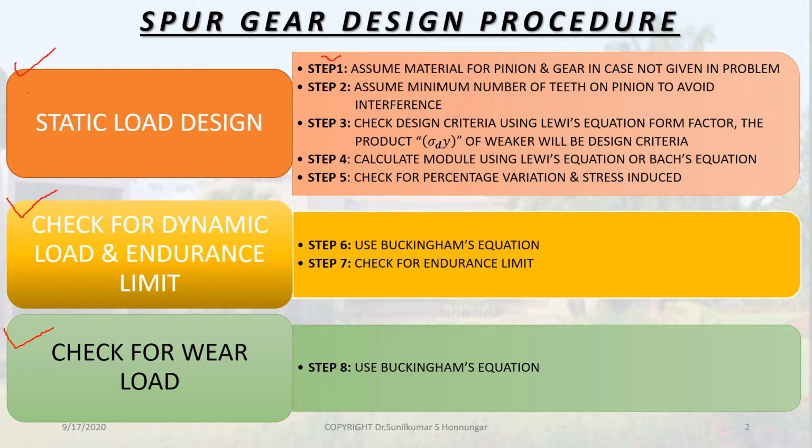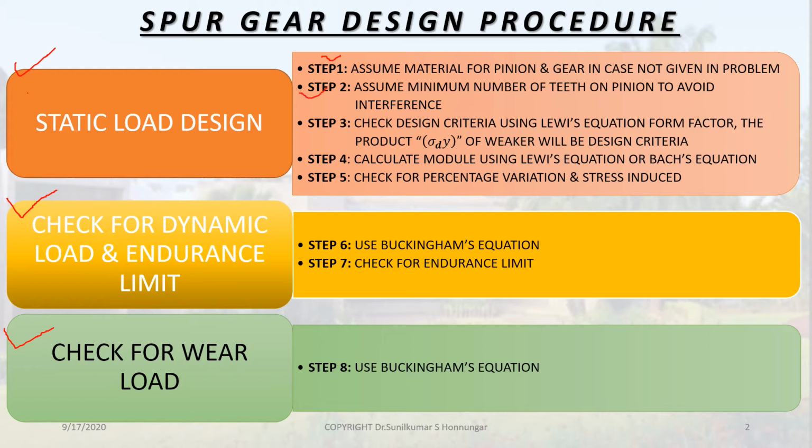Interference is basically the involute part of one tooth profile coming in contact with the non-involute part of another tooth profile, which creates a digging action and material-removing wear and tear, and because of that there are possibilities of failure. In that context you have to select the minimum number of teeth to avoid interference, which I will be narrating. That is step number 2.